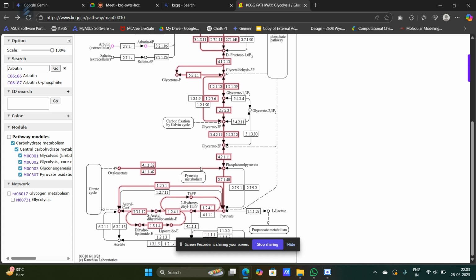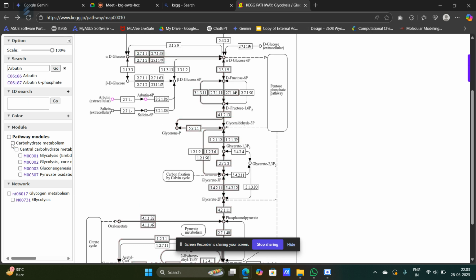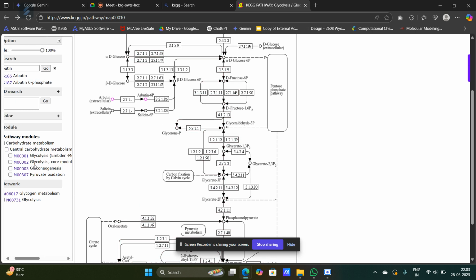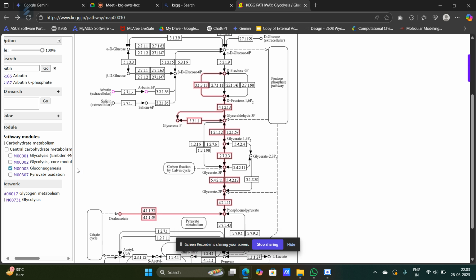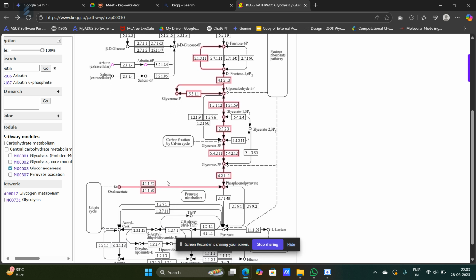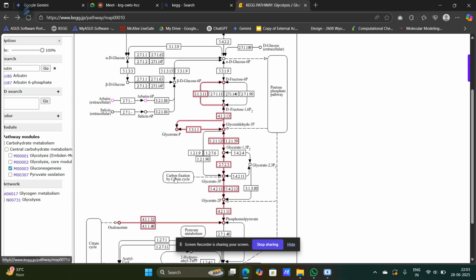This represents the carbohydrate metabolism. But as there are different subdivisions here, if I want to know gluconeogenesis, I just select this module, and this will be highlighted again. Whatever is highlighted represents the process of gluconeogenesis.